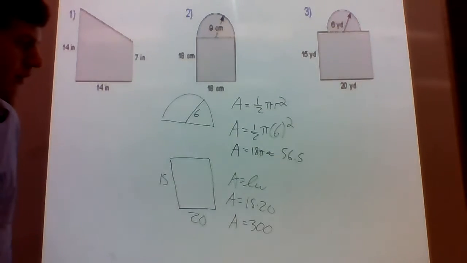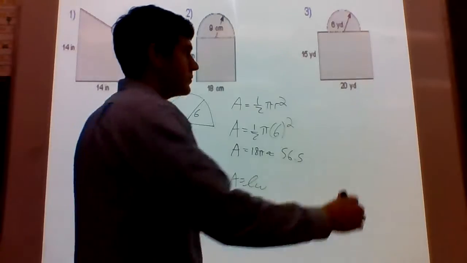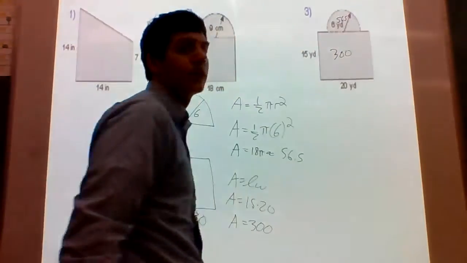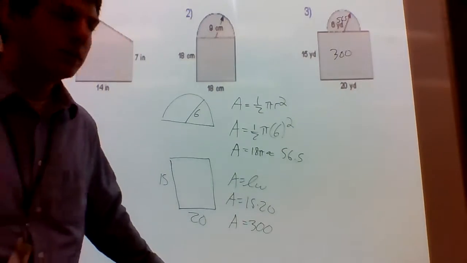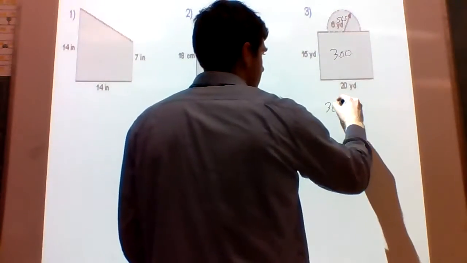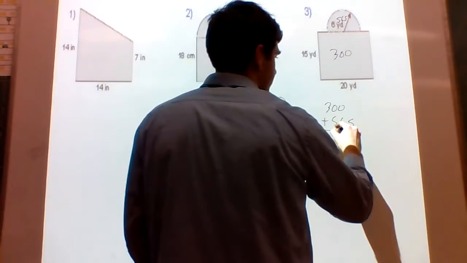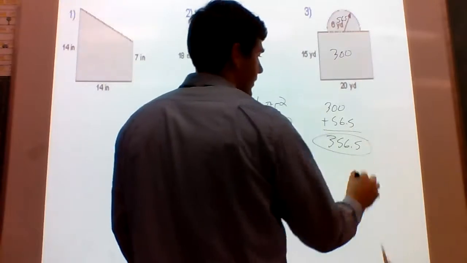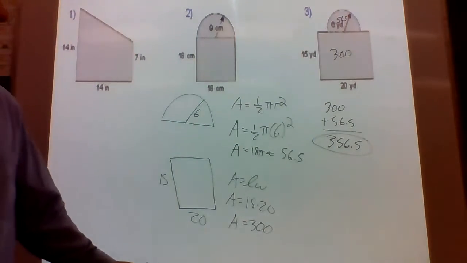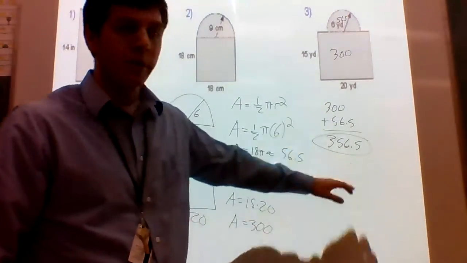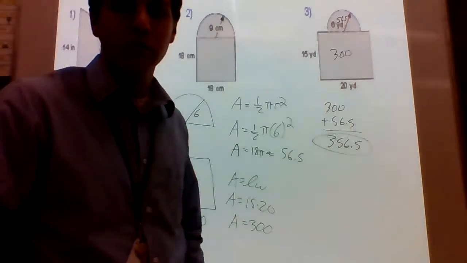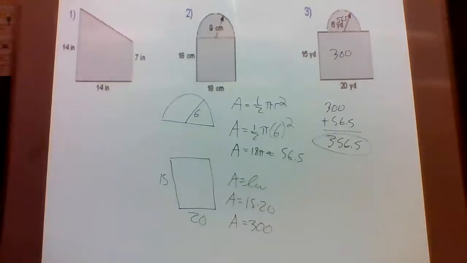And then we find the area of the rectangle to be 300. To find the total area, we're going to add them together. So 300 plus 56.5 gives us 356.5. It really should be yards squared, centimeters squared, inches squared, but we're not going to worry about units, again, for our purposes.